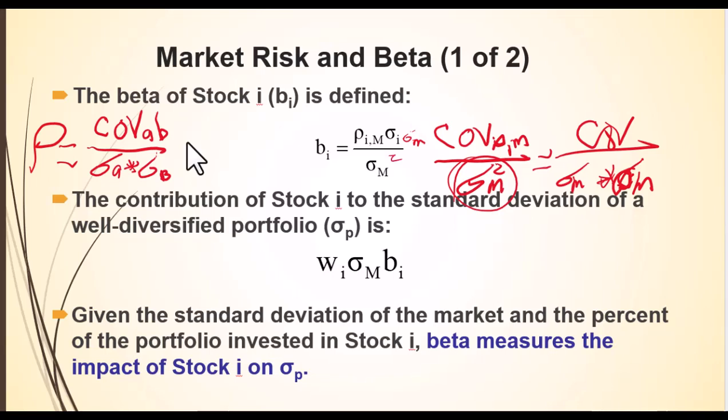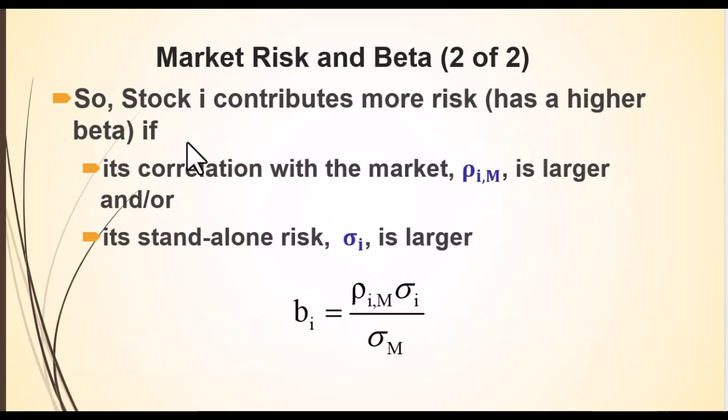So anyhow, the contribution of stock I to the standard deviation of a well-diversified portfolio is just the weight, times the standard deviation of the market, multiplied by beta. So if you're given the standard deviation of the market and the percent of the portfolio, beta measures the impact of the stock on the standard deviation of the portfolio.